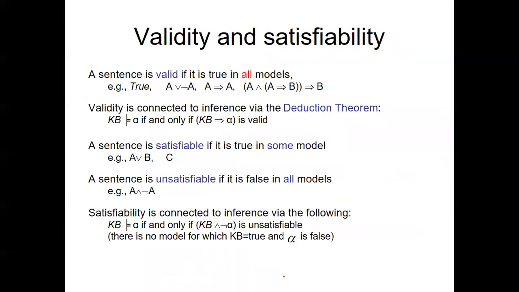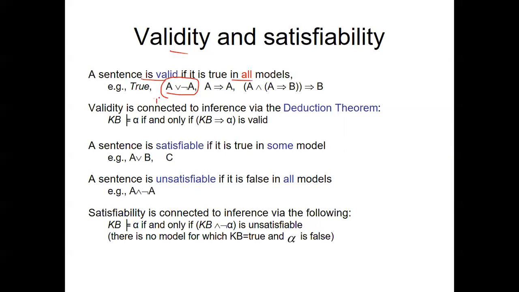Right. Okay. So now let us try to understand what is meant by validity and what is meant by satisfiability. We say that a sentence is valid if it is true in all models. In a given world, if it is true in all the models, then we say it is valid. For example, A or not A. If you have something like this, surely it will be true for all the cases.